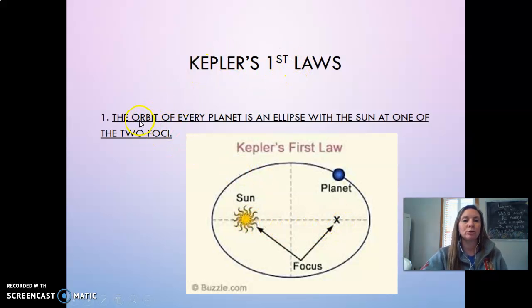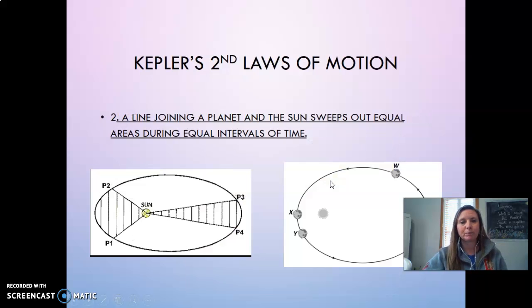So Kepler's first law states that the orbit of every planet is an ellipse with the sun at one of the two foci, and that's what's drawn here. The sun is going to be one focus, and our planet is that other part, and then we are going to do the math to sweep out what is the actual elliptical shape of that planet's orbit.